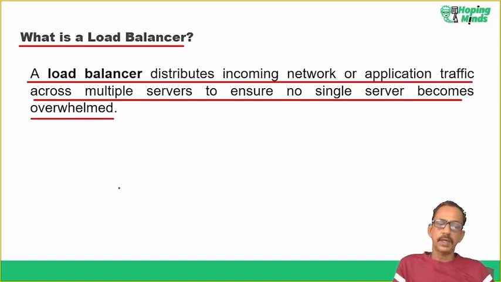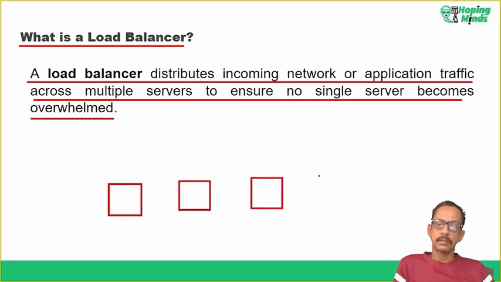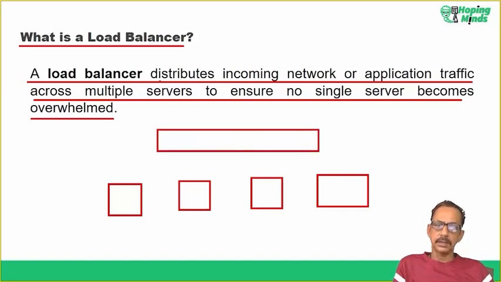For example, we have multiple servers here, either application servers or network servers. If we have a load balancer here, what happens? Any incoming traffic from the network, via the internet or any application, is distributed across multiple servers equally.